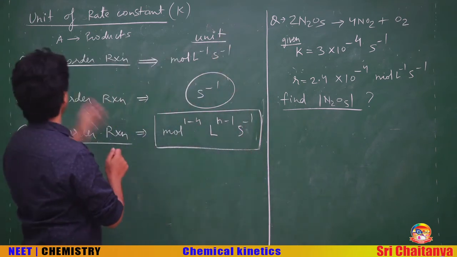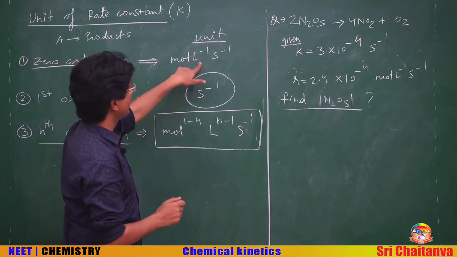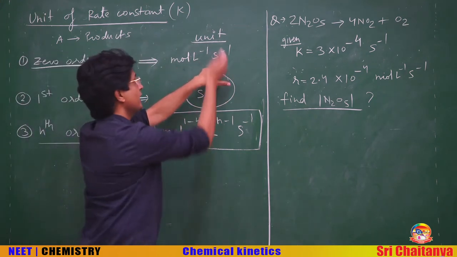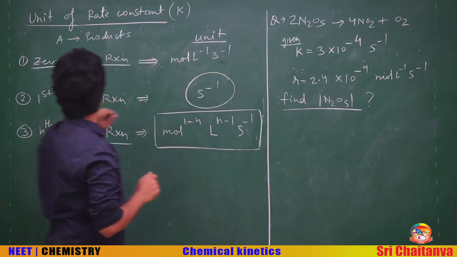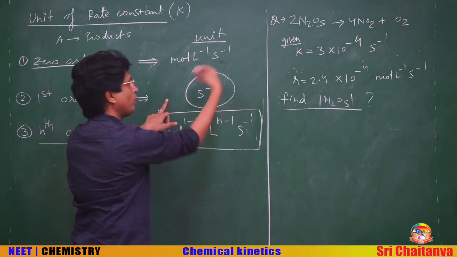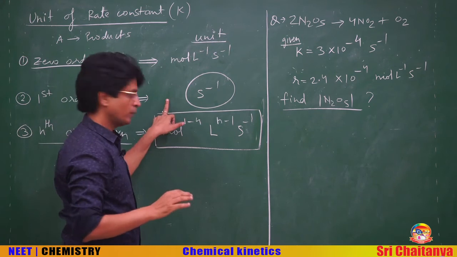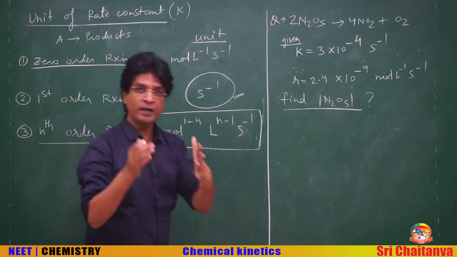Say for example, for the 0 order reaction, the unit of rate constant will be moles per liter per second, which is also the unit of rate of reaction. Now for first order reaction, this is very, very important. The unit is per second or per minute or per hour. Okay, this is important because first order reactions are predominantly in our course.